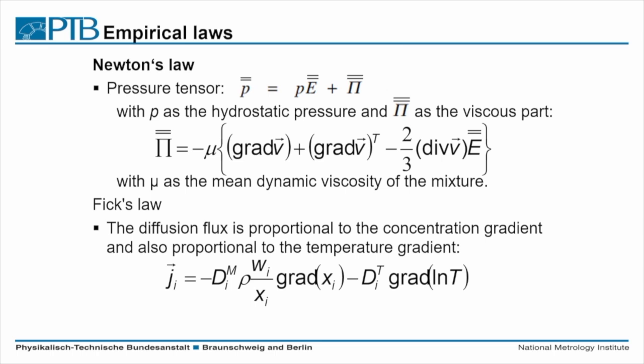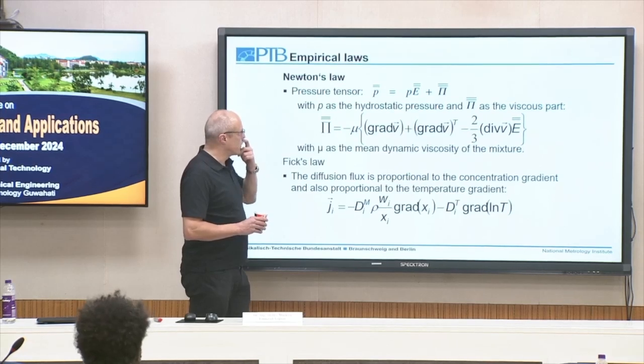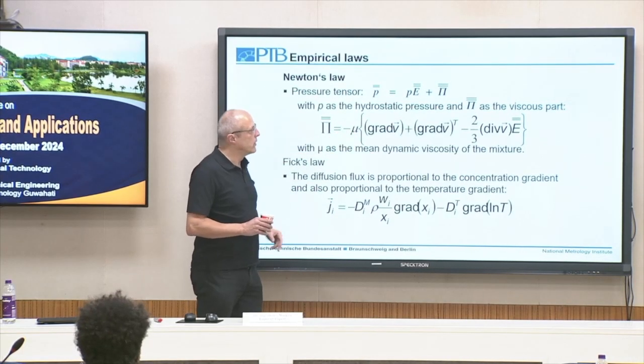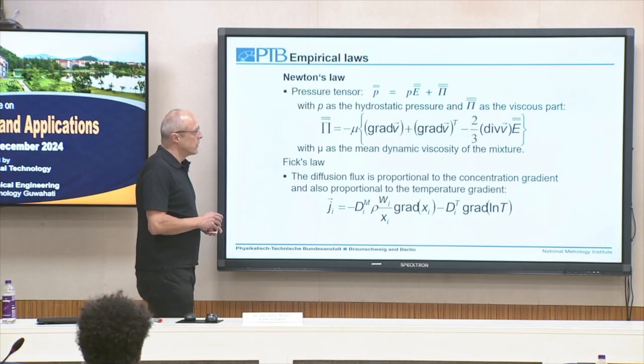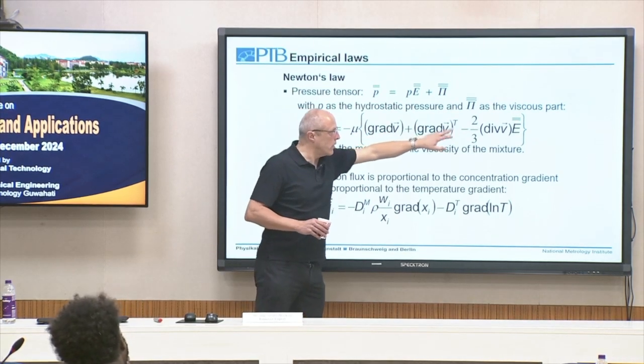So we have this pressure tensor, and there we need to know this viscous part of the pressure tensor. So here we have the viscosity, and then, okay, the gradient of the velocity vector and so on.